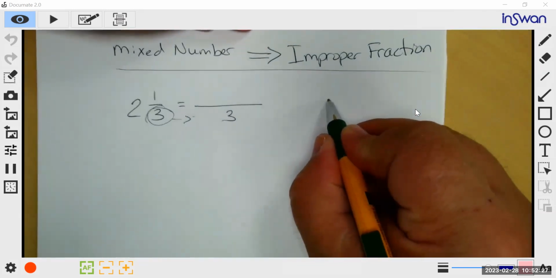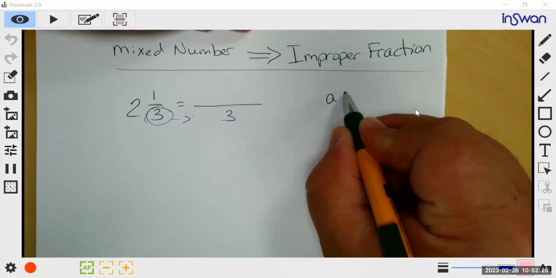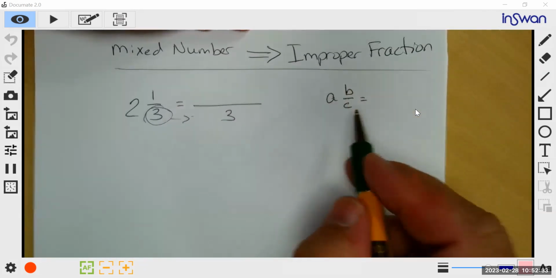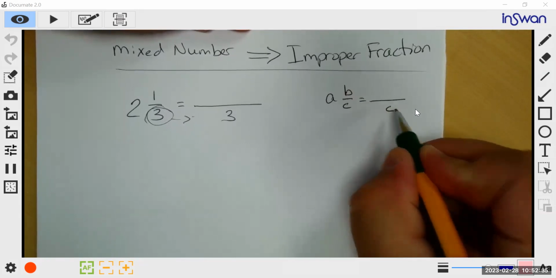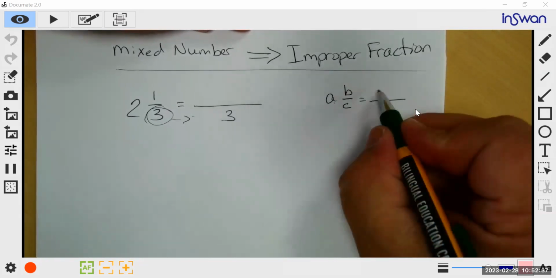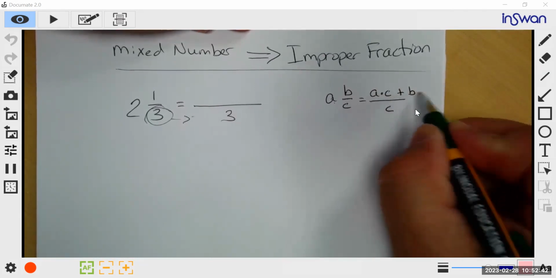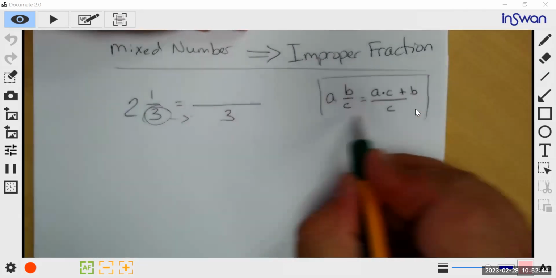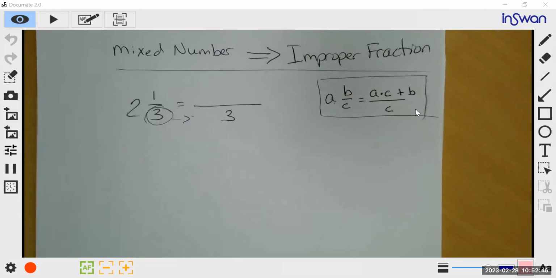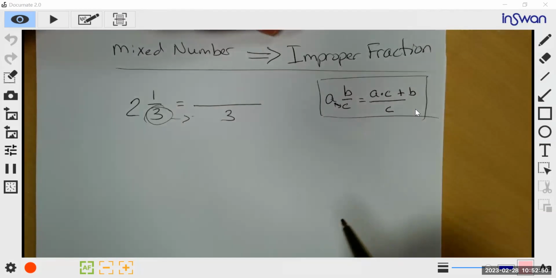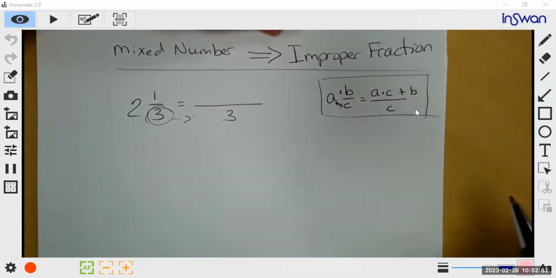Here's the formula for the conversion. You have an integer and a fraction. Multiply A times C and add B. This is the formula. So multiply these two first and then add that one.